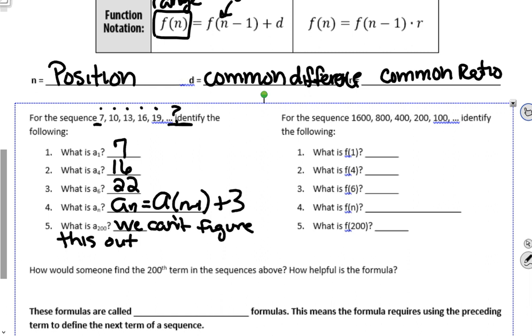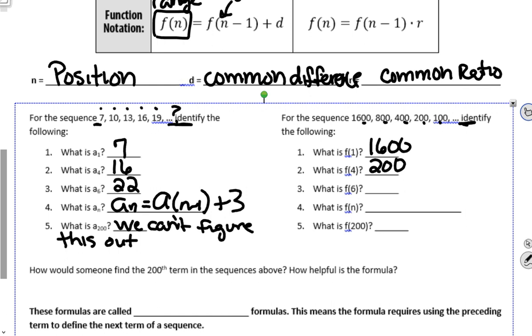For this sequence over here, 1600, 800, 400, 200, 100, we're going to identify the following. This is a function formula, so F1 is our position, so it's 1600. F4, 1, 2, 3, 4 is 200. F6, we don't know what that is, but we can tell my pattern is dividing.